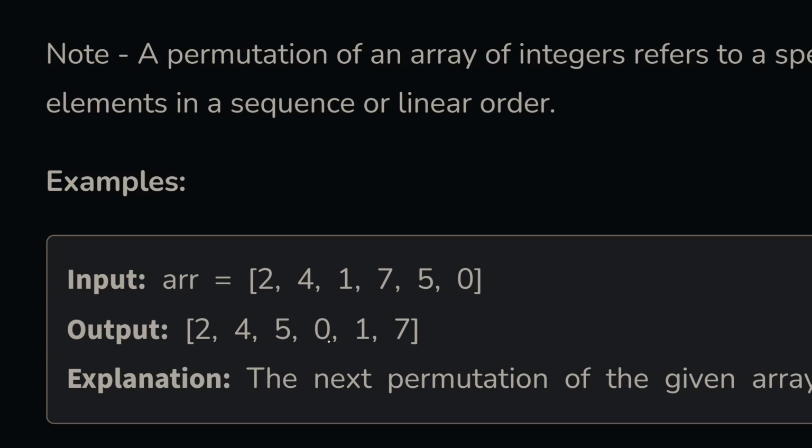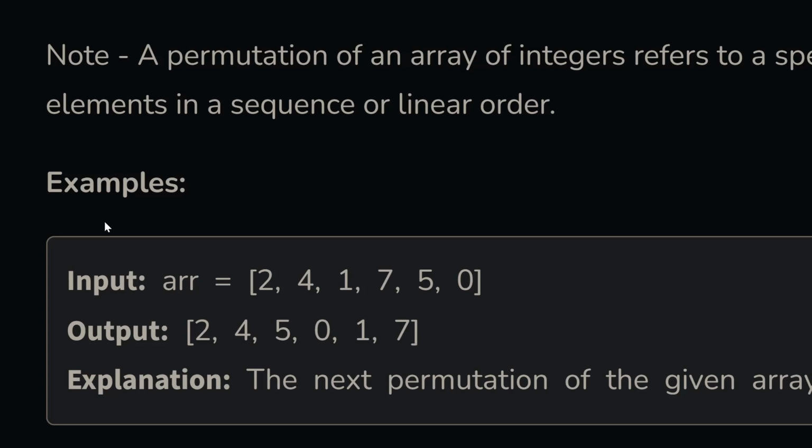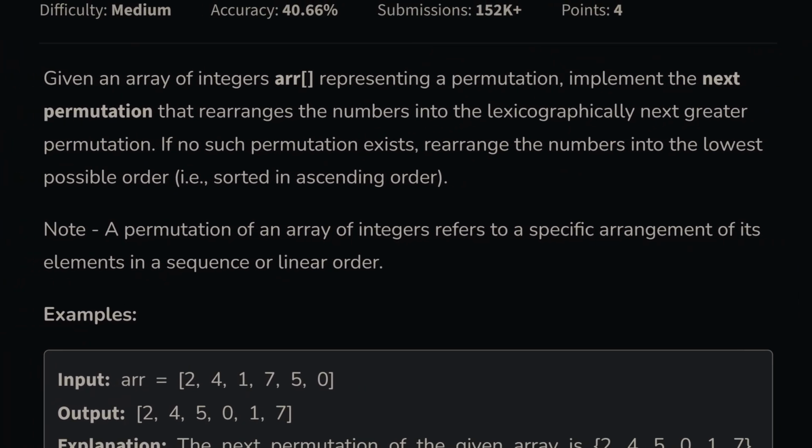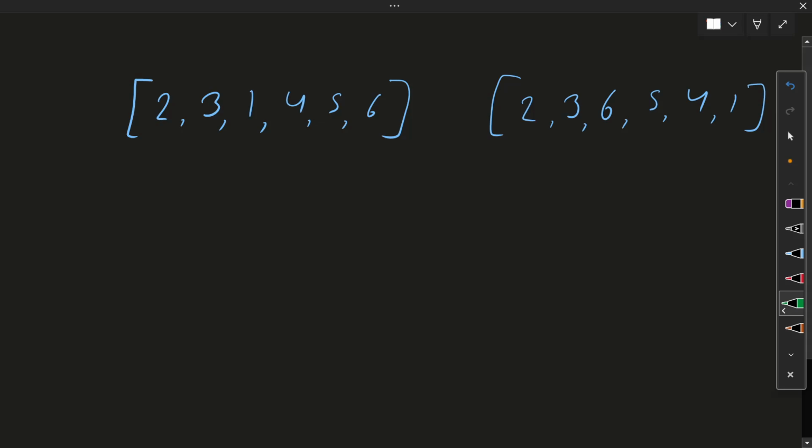So we have 5 and all the elements in ascending order. If no such permutation exists, we need to rearrange the number into the lowest possible order. We will talk about this case separately. So let's directly jump into the approach.